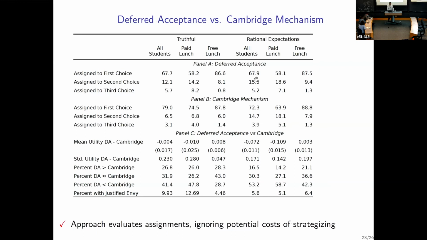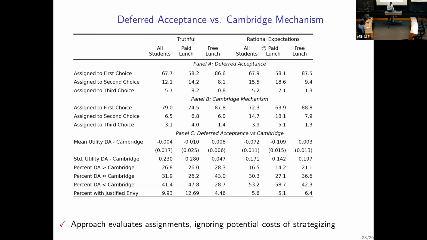The key thing to note here is that if you assume that people are reporting truthfully, obviously you're going to think that the Cambridge mechanism assigns a lot of people to their first choices, because you assume people are telling you the truth, and the Cambridge mechanism is actively trying to put people in their first choices because it is trying to maximize that. So you're going to think that 79% of the people get assigned to their top choice.